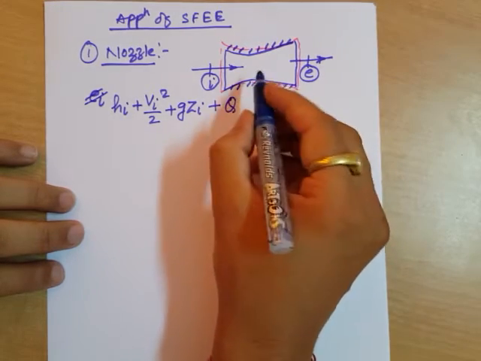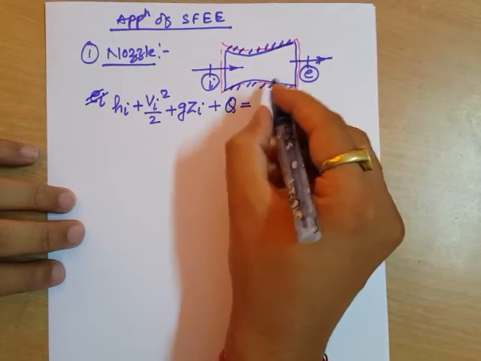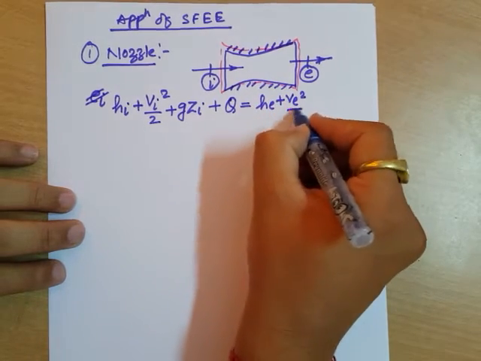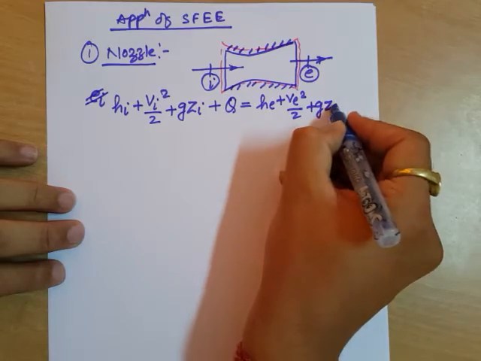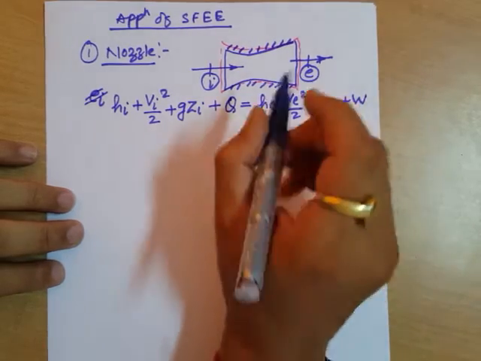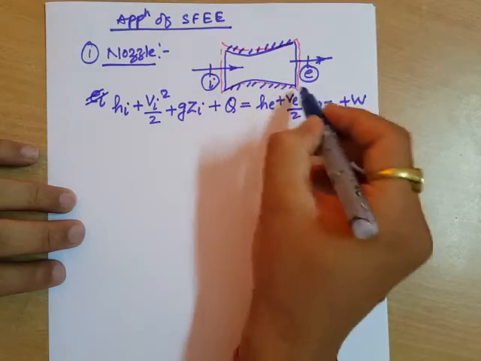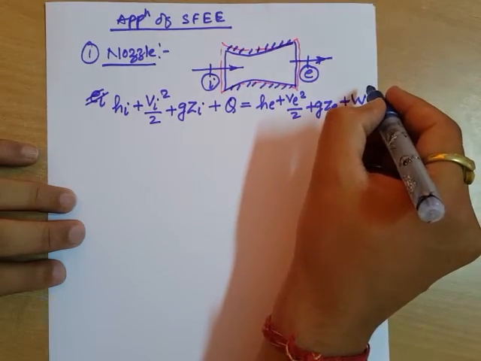Firstly, writing this equation in its full form, then it is equal to he plus Ve square by 2 plus g ze plus W.